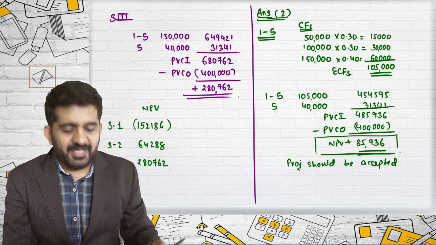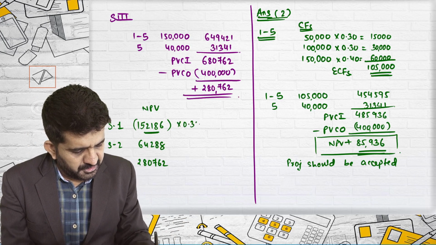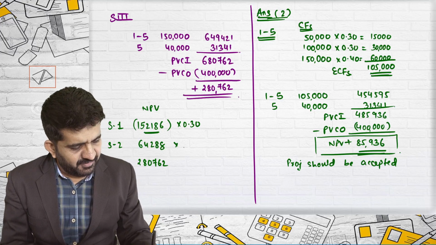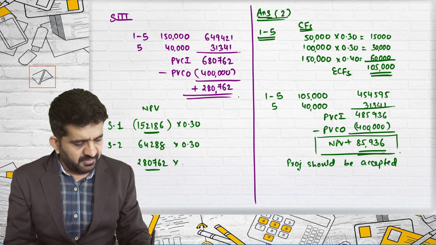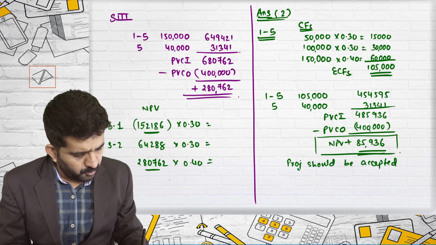What is the probability that the first NPV will happen? 0.30. The second? 0.30. And the third? 0.40.